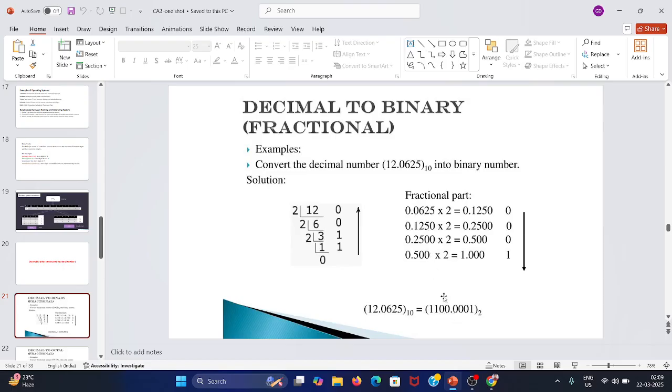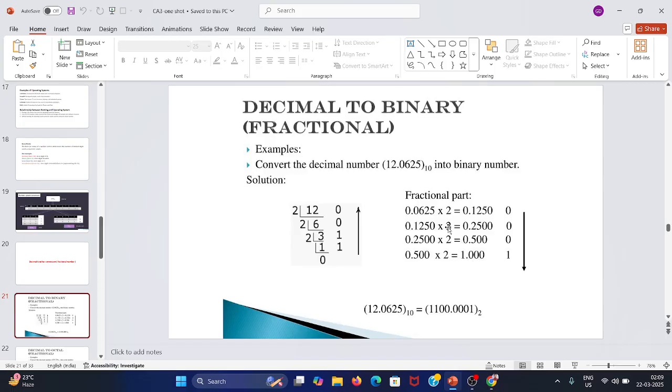Now the point: what will we do with that part, 0.0625? We have to multiply it with the base. Here we divided, but here we multiply by the base till the right side part becomes 0. Let's see what is happening.